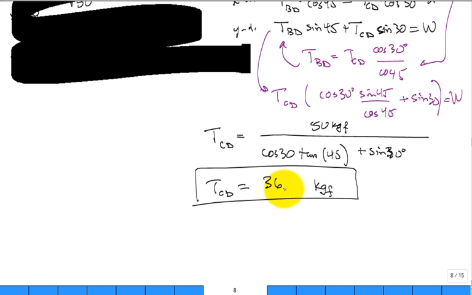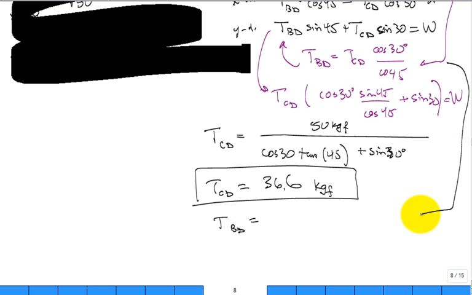36.6. 36.6. Anybody else? Now, you go back to that other equation, which would be TBD is equal to this equation right here.